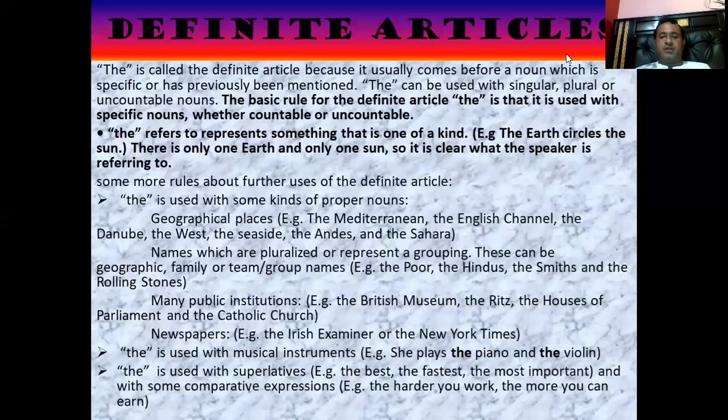Let's look at another example. An elephant escaped from the circus last night. Here the indefinite article an is being used with elephant. An elephant escaped from the circus last night. The elephant was last seen at 9 p.m. So the is used for the second mention of the elephant in the second sentence.